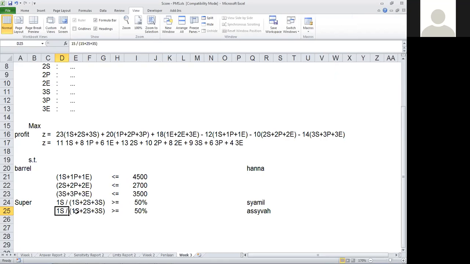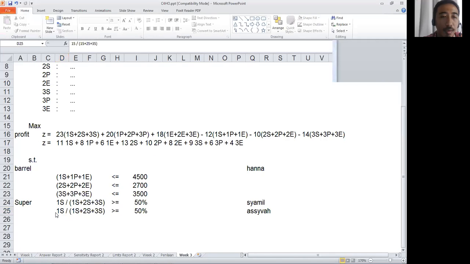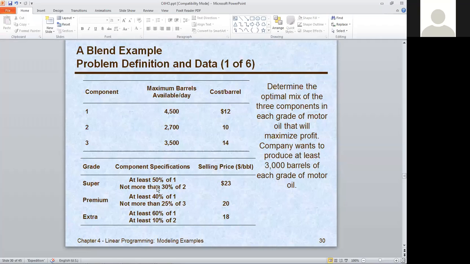Which one do we need to change? The 1s or these 3? If the statement is like this: no more than 30% of component 2, in the super.